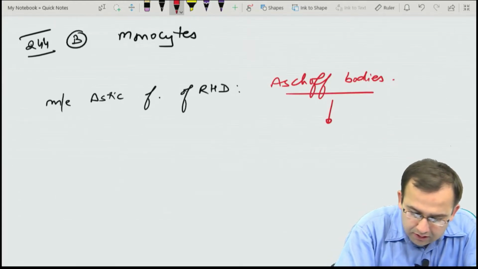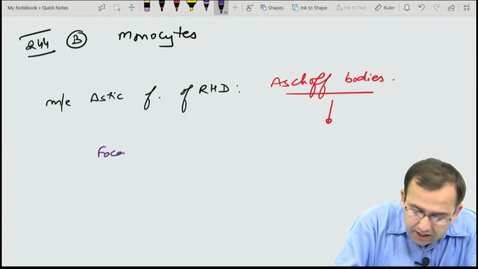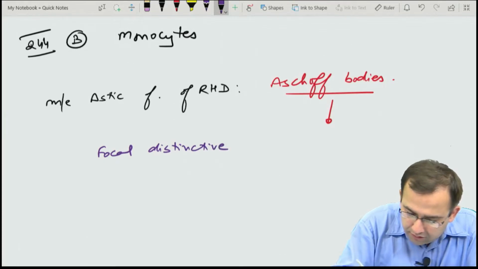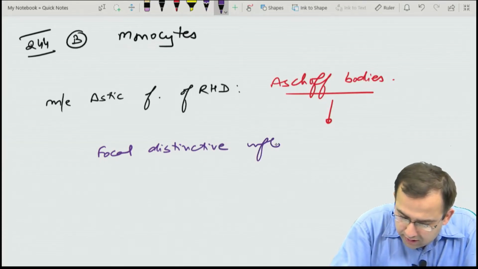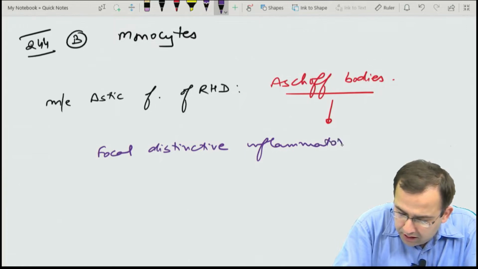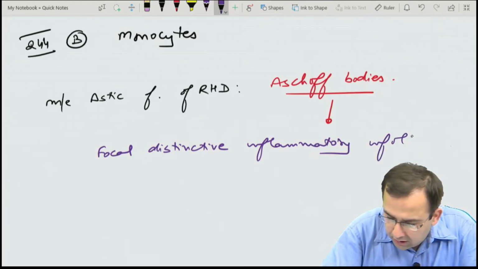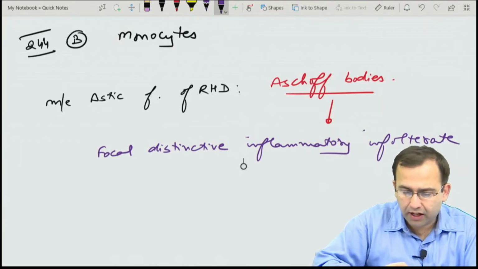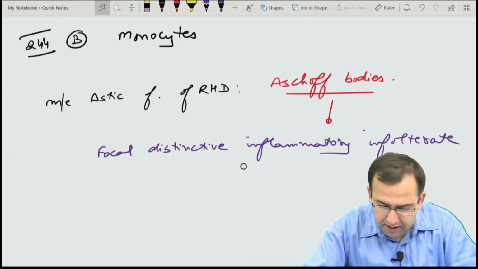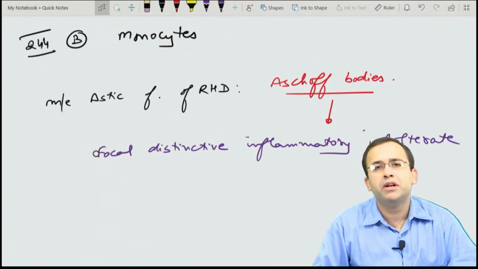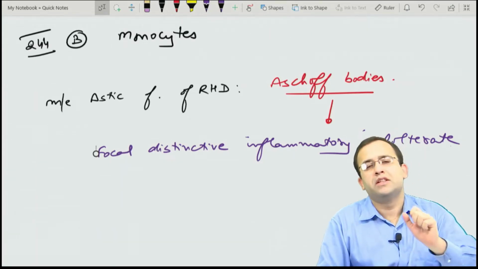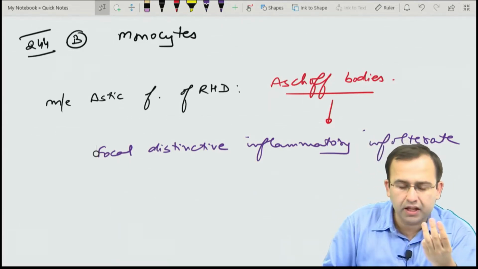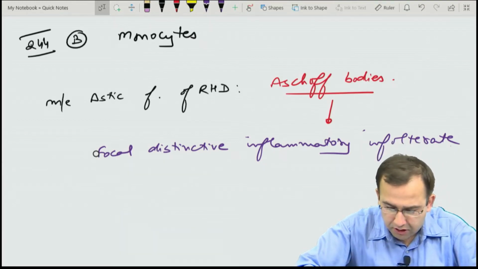Aschoff bodies, these are focal distinctive inflammatory infiltrate in the heart. First point. Next, it is composed of inflammatory cells. Which inflammatory cells? That is, it has macrophages, Aschoff giant cells, monocytes, that is the Aschoff cells, and Anitschkow cells.